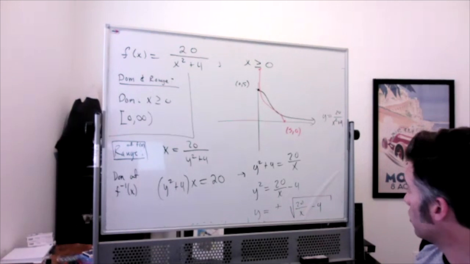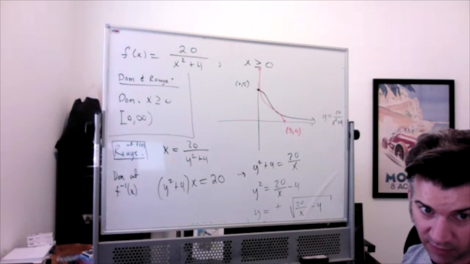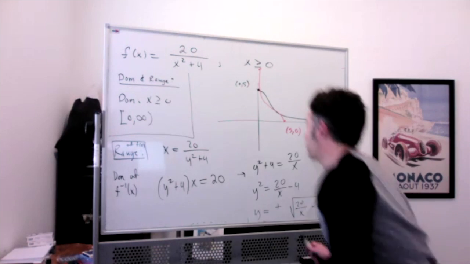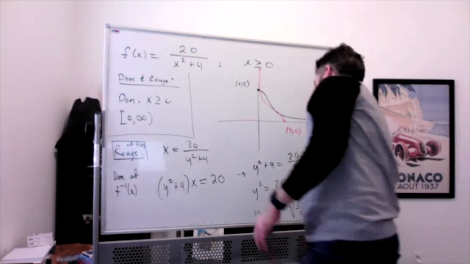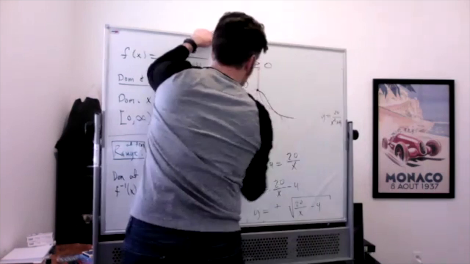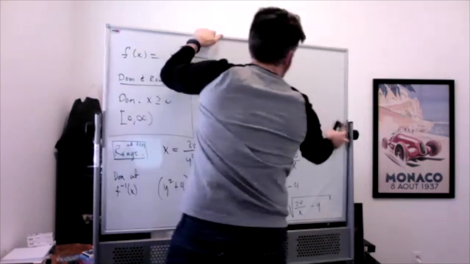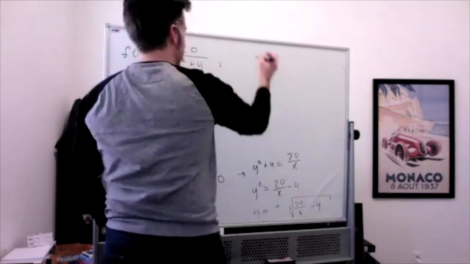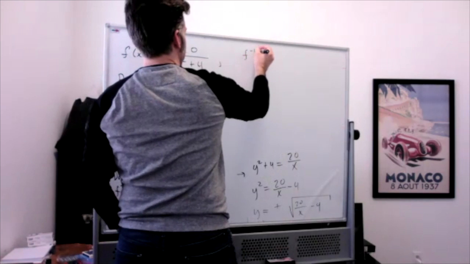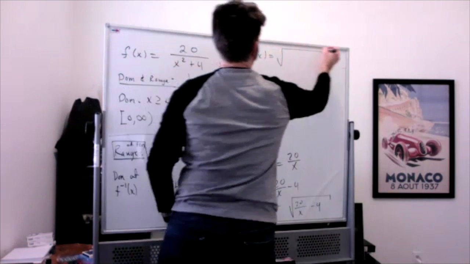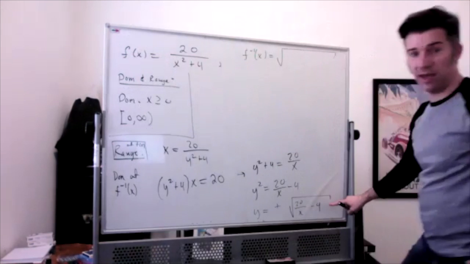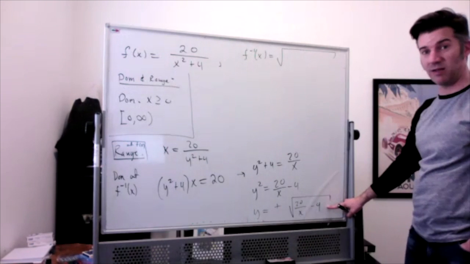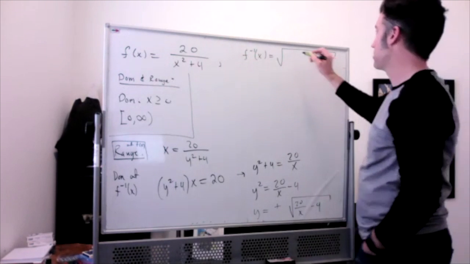So there's my inverse function, the square root of 20 over x minus 4. Or if you prefer, I can write this as f inverse of x is the square root of, I can multiply this by x over x and say it's 20 minus 4x all over x.